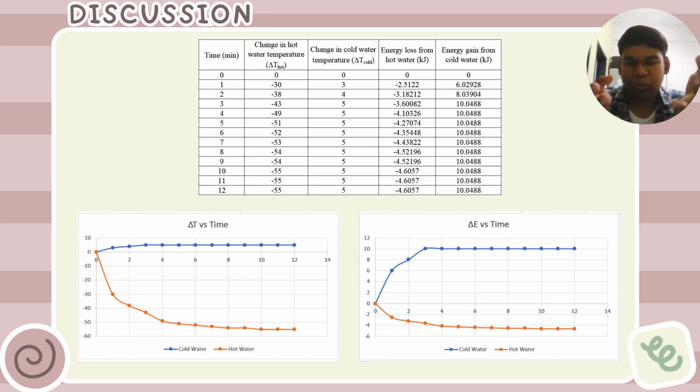What we can observe here can be explained by the fact that there is less mass overall of the hot water in comparison to the cold water, which means the cold water can absorb a lot more energy than there is contained in the hot water. And it also explains why the temperature drops so rapidly for the hot water, while the cold water barely increases in temperature. And that is all.